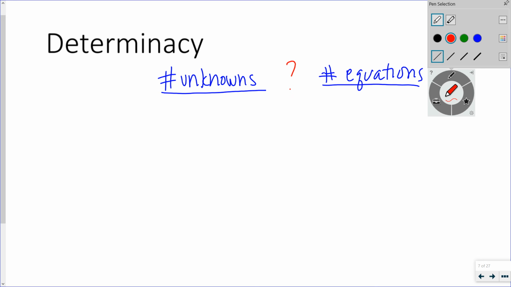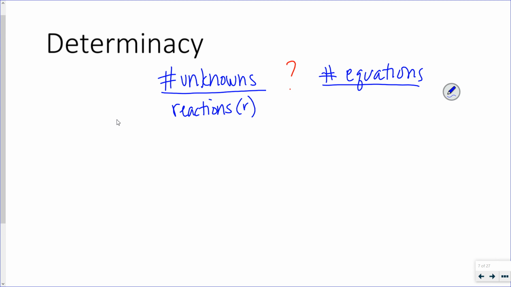My unknowns are my reactions at the supports, R, and the forces in the bars. Forces in the bars are the members, right?